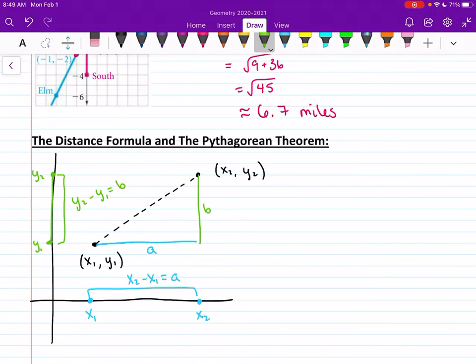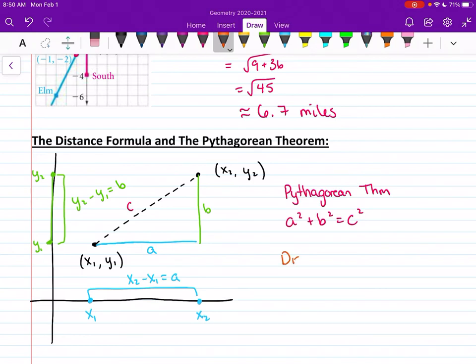So then my Pythagorean theorem, good old Pythagoras, says a squared plus b squared equals c squared. That would be c over here.